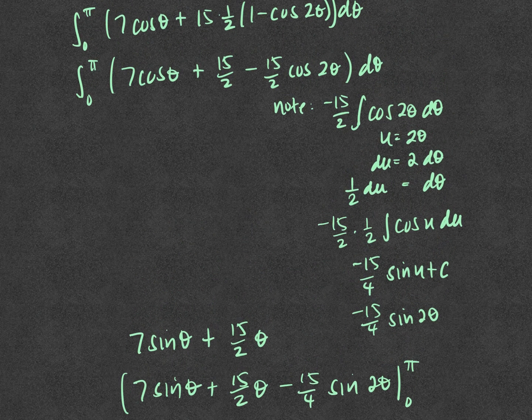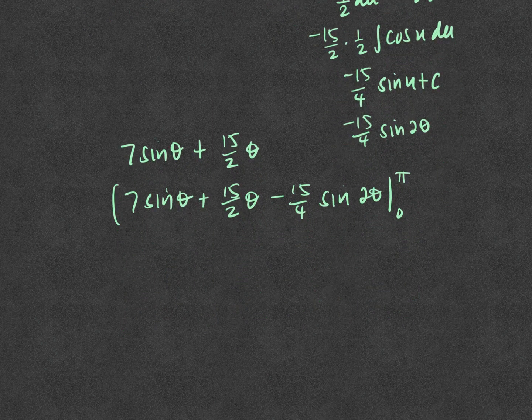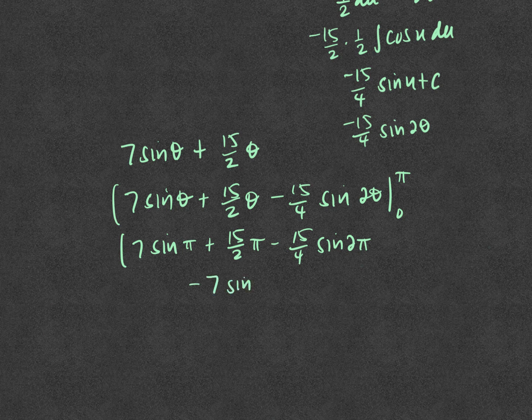Double check those bounds. All right, so we have 7 sine of pi plus 15 over 2 pi minus 15 over 4 sine of 2 pi, minus 7 sine of 0, not theta, but 0, plus 0, plus 15 over 4 sine of 2 times 0 is 0.